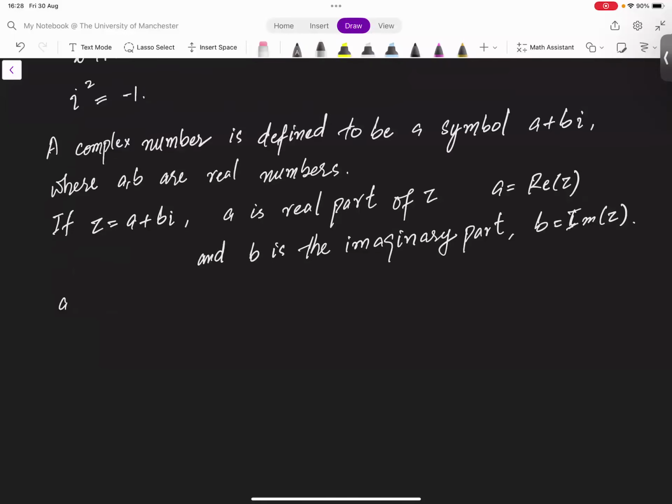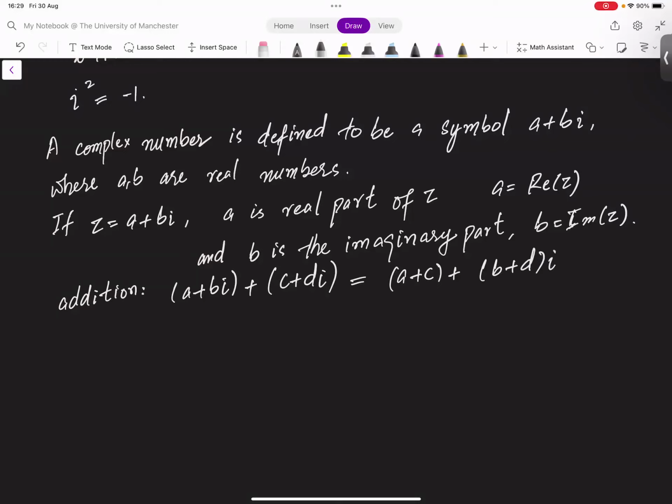So we define the addition by this rule that a plus b iota plus c plus d iota can be added by adding reals to reals and imaginaries to imaginaries. Multiplication.